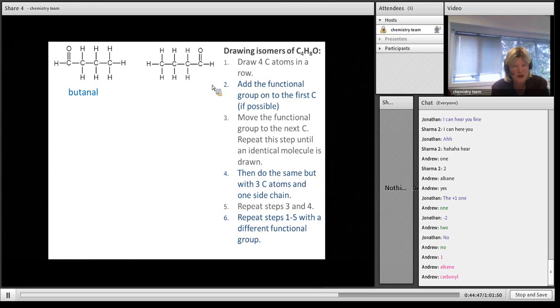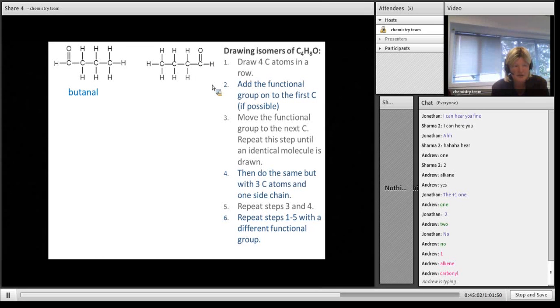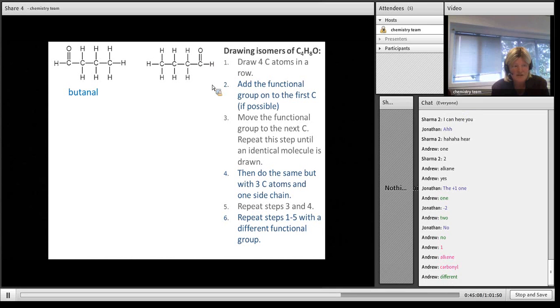And the way to work it out is name it. And if you come up with the same name, it's the same molecule. So is that the same molecule or different? I can see Andrew's typing there. You sure it's different? Because here we have to remember the functional group always has to have the lowest possible number.